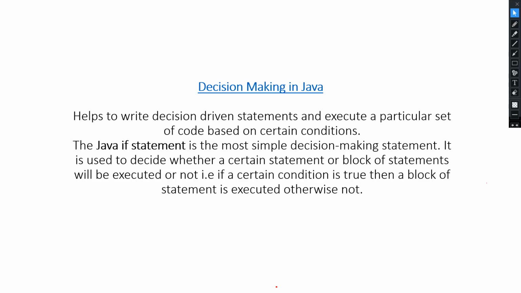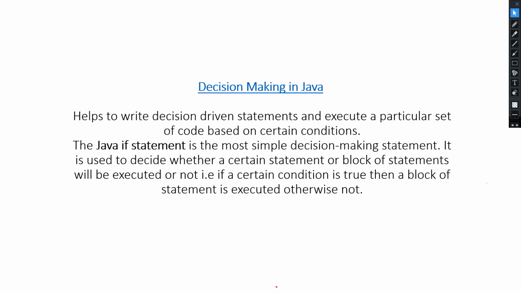Dear children, today we are going to see how to implement decision making statements in Java. Decision making statements help us to write decision driven code and execute a particular set of code based on certain conditions.